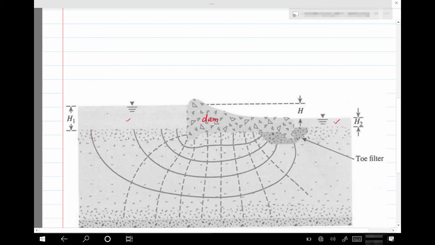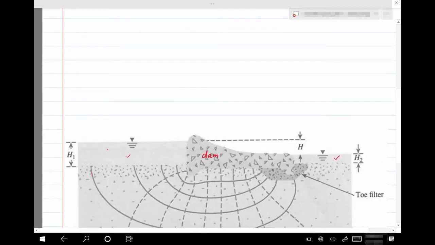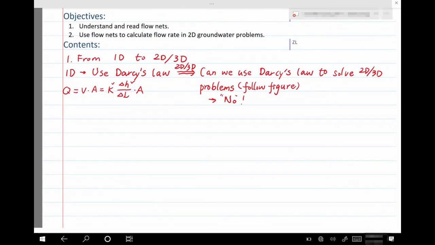It's concrete, so it's impervious. Water cannot move through it, but water can move through the soil beneath this dam. On the left-hand side, we have a reservoir here, so we know the total head. On the right-hand side, there's also a water level, so we also know the total head. So we know the head drop. In this case, delta H is a constant.